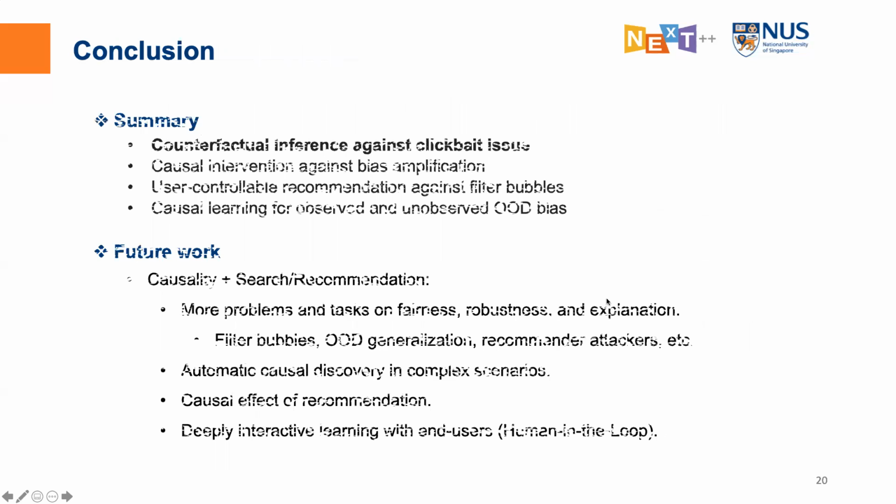Okay. That's all. I just briefly summarized the work. I think we have done a series of work about causal recommendation. We first started from debiasing, and then we considered some problems about maybe filter bubbles, and then we considered the out-of-distribution generalization of recommender models.